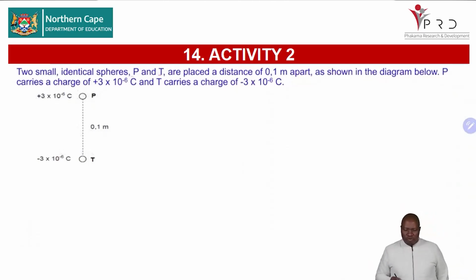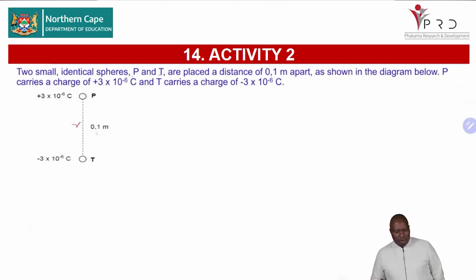They are placed at a distance of 0.1 meters apart, so our r is given. If they ask you to calculate the force, I think you will enjoy this one because you have everything: the Q1, Q2, the two charges, and the distance between them. All you need is the constant and then you are able to answer the question.